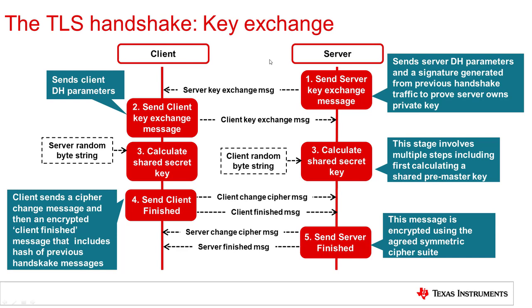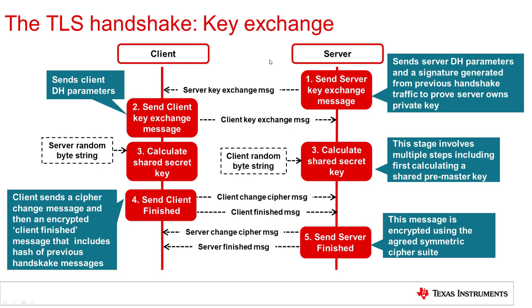The key exchange begins with the send server key exchange message. This sends over the server Diffie-Hellman parameters. In addition, if we go back to the previous slide, I discussed how the client needed to be sure that the server actually owned the private key associated with the public key sent in the server certificate. That's done in the send server key exchange message.